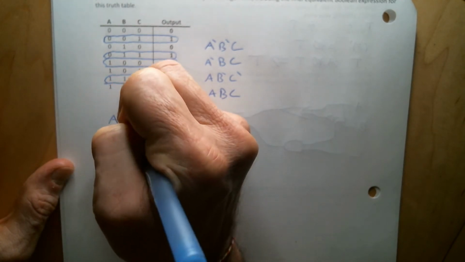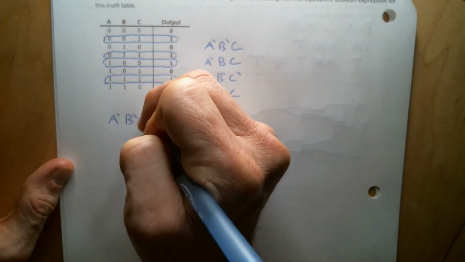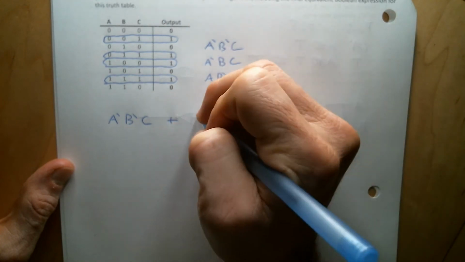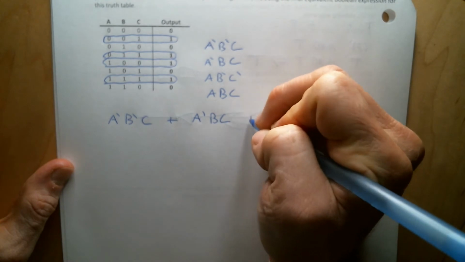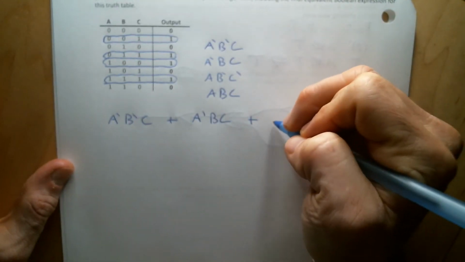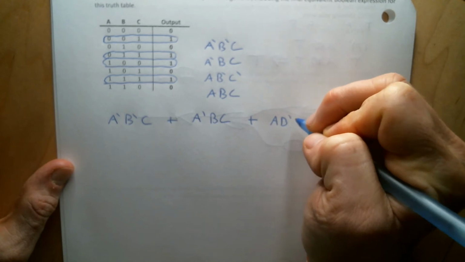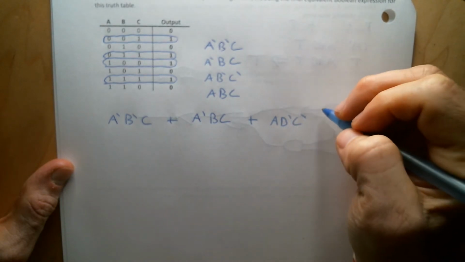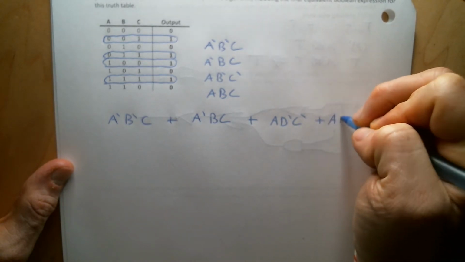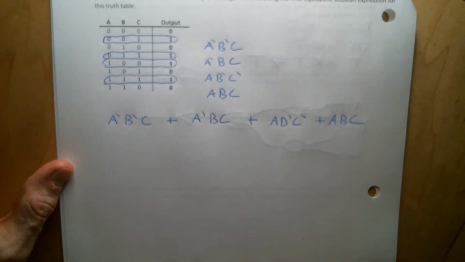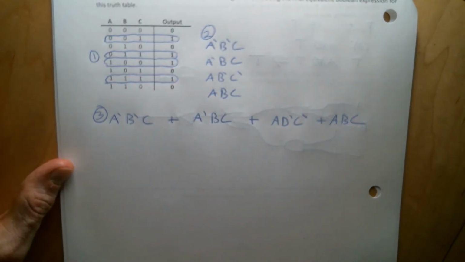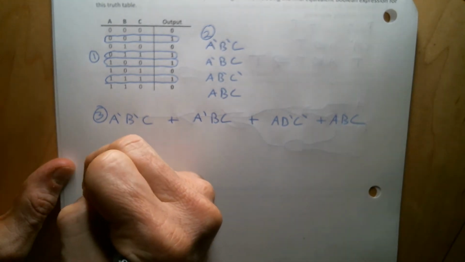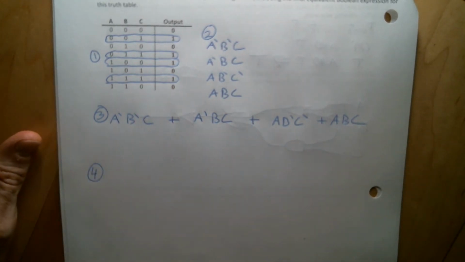So it would be A naught, B naught, C plus A naught, B, C plus A, B naught, C naught plus A, B, C. All right, so this is kind of step 2, this is step 3, and then step 4 is drawing the actual circuit diagram.